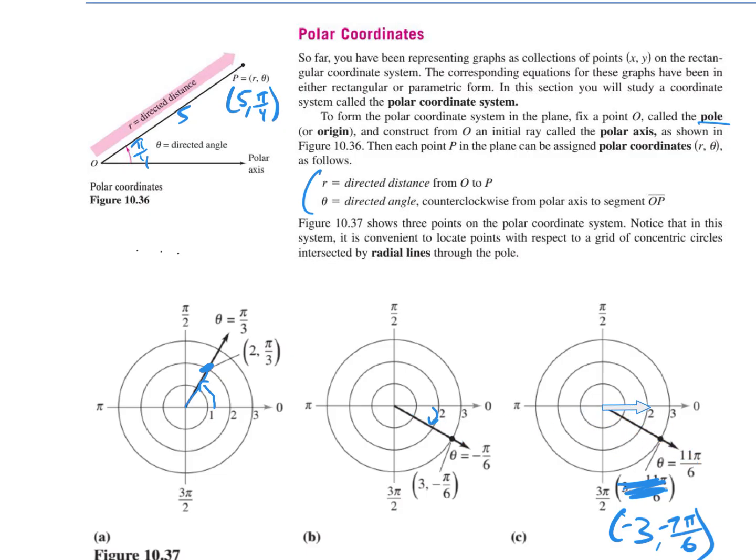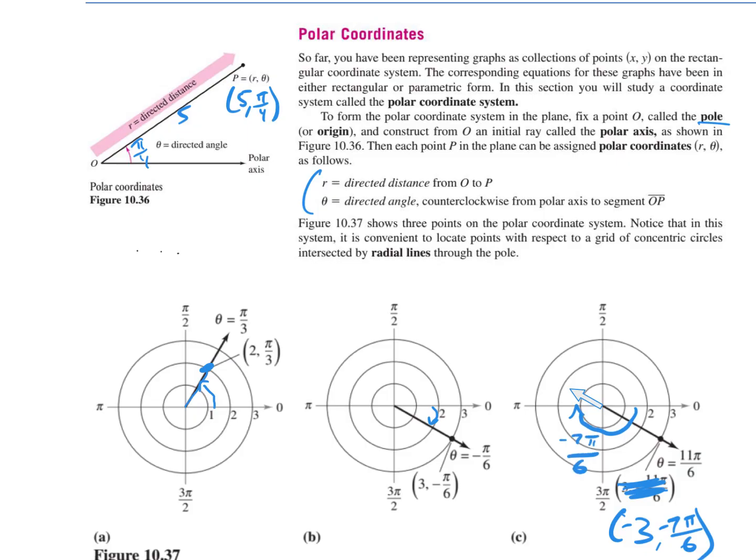So what we're going to do is rotate around to 7 pi over 6. Actually, that's going to be negative, so we're going to rotate this way, in the negative direction. There's 6 pi over 6, and 7 pi over 6 lands right over there. So that is negative 7 pi over 6 that we just rotated.